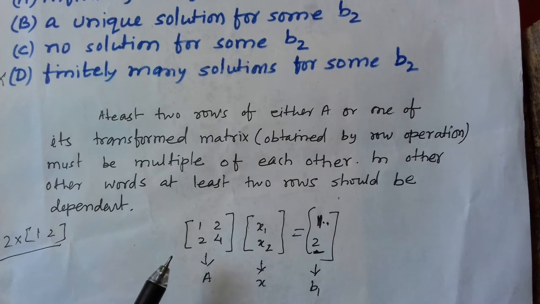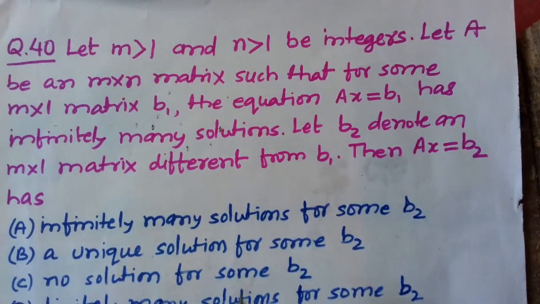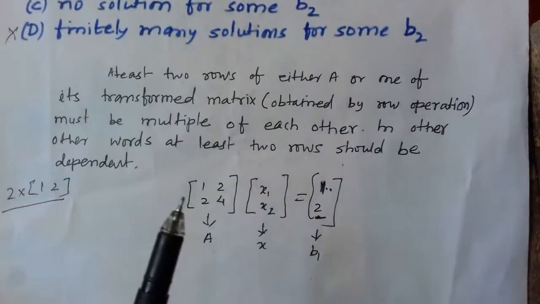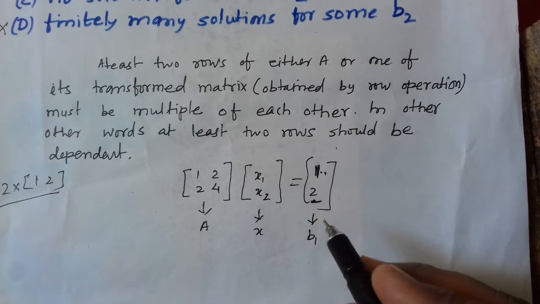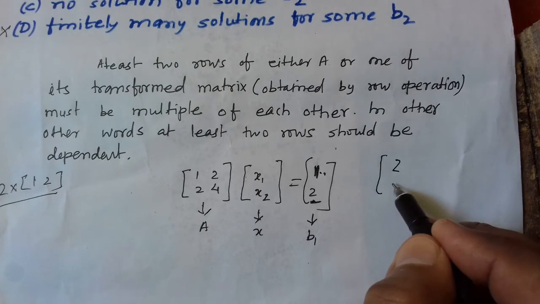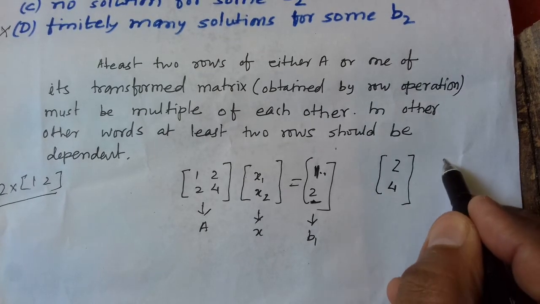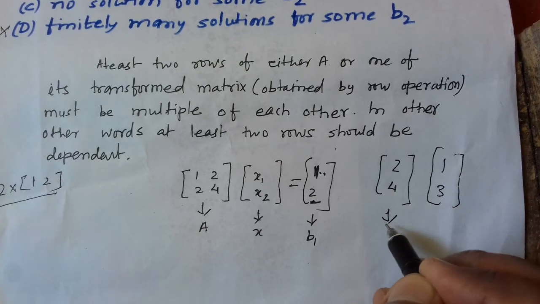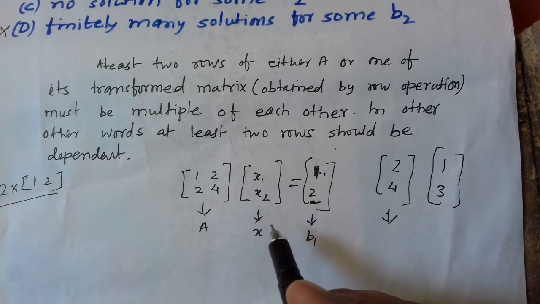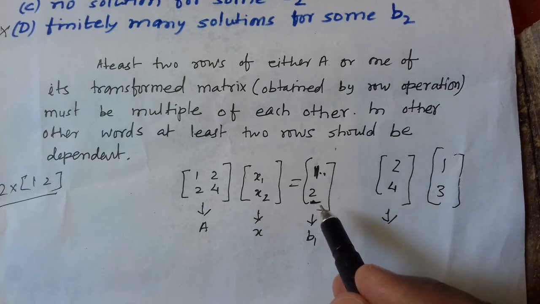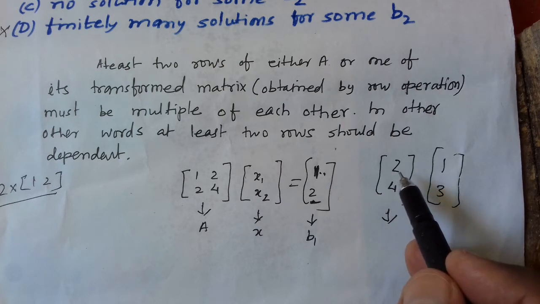And here in the question it says that we have to choose B2 different from B1. So different from B1, one can choose the matrix 2, 4 or 1, 3, etc. If you put 2, 4 here, then you have an infinite number of solutions, because again 4 is double of 2.